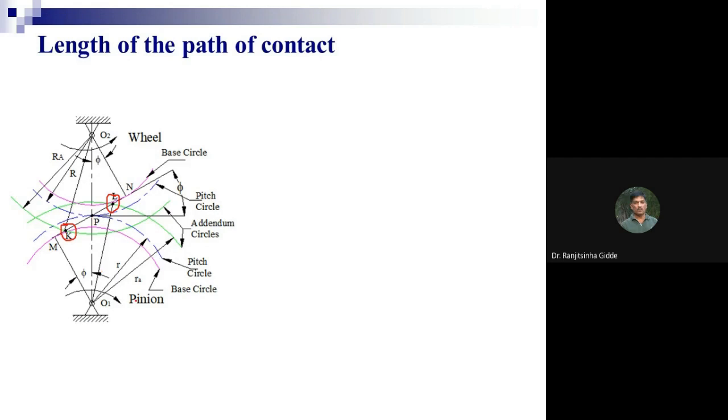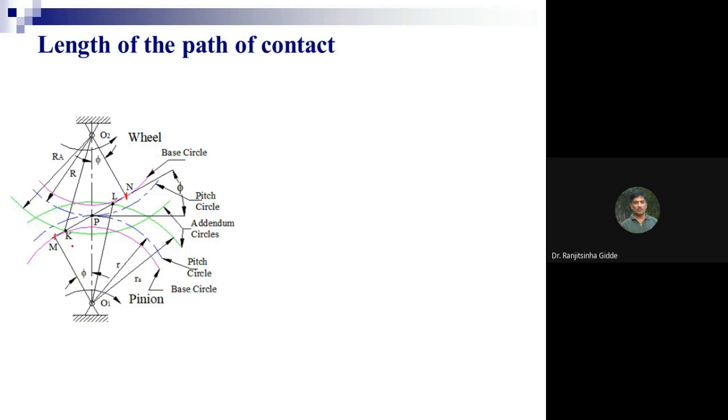Next line you can write: MN is the common normal at the point of contact, or it is the common tangent to the base circles.